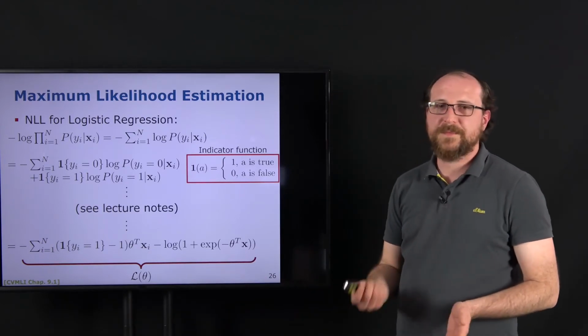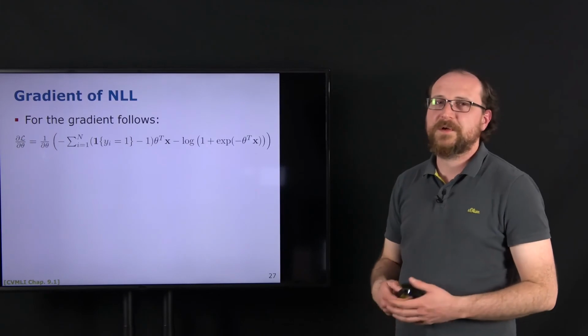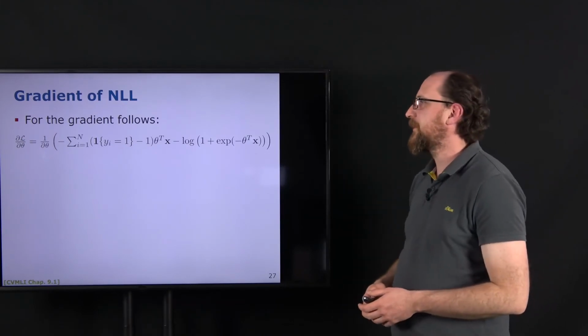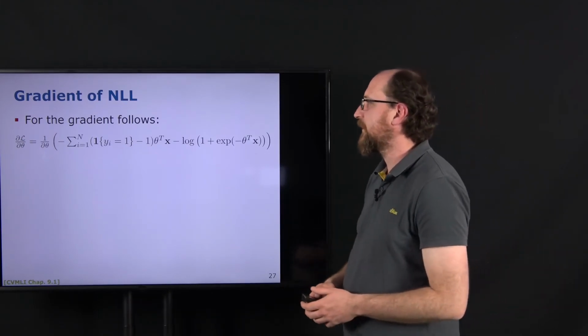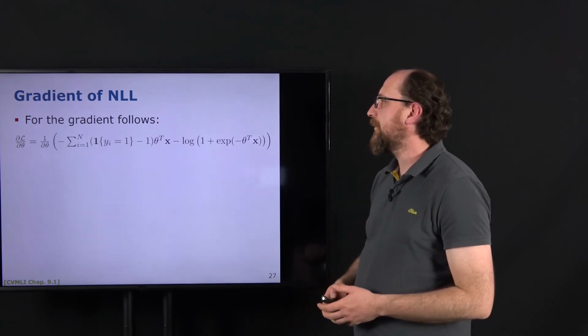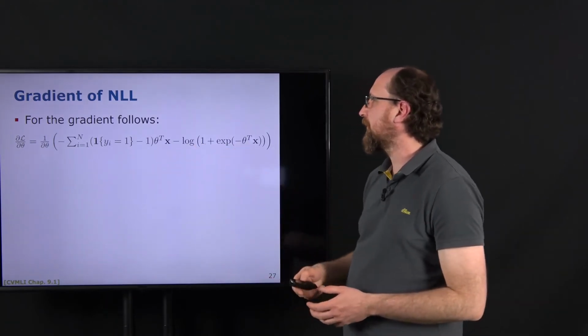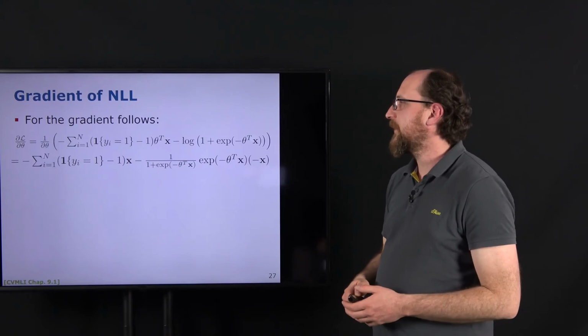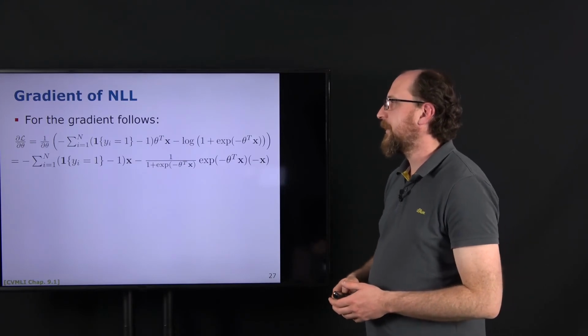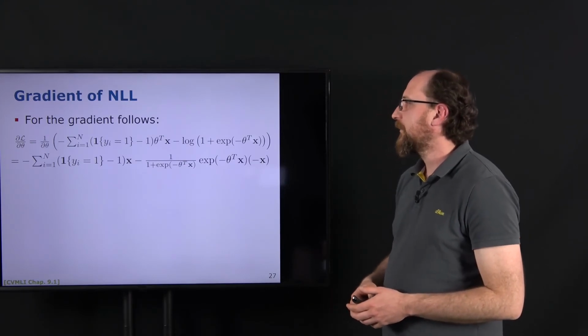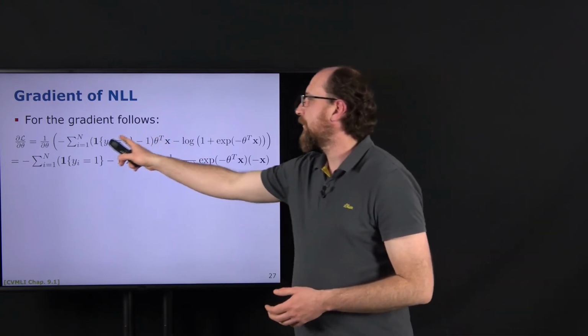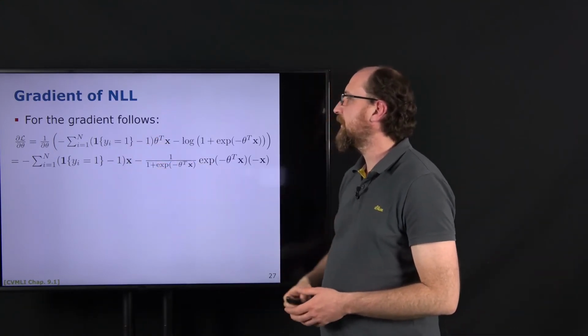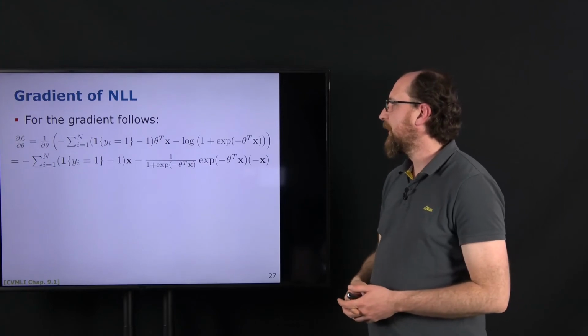And then, as usual, we derive the gradient again. So nothing very complicated here. We have the equation from before, the negative log likelihood. Then we derive according to theta. As you can see in this first term, theta is just a linear term, so it will be dropped.